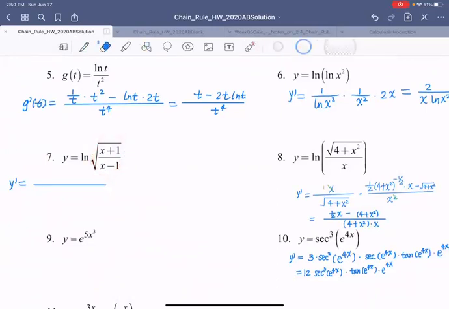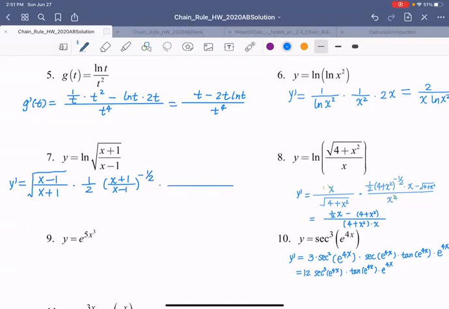Let's just do root of x minus 1 over x plus 1 times half times x plus 1 over x minus 1 to the power of negative a half. Then you do the quotient rule. So x minus 1 squared on the bottom, and then on the top is x minus 1 minus.